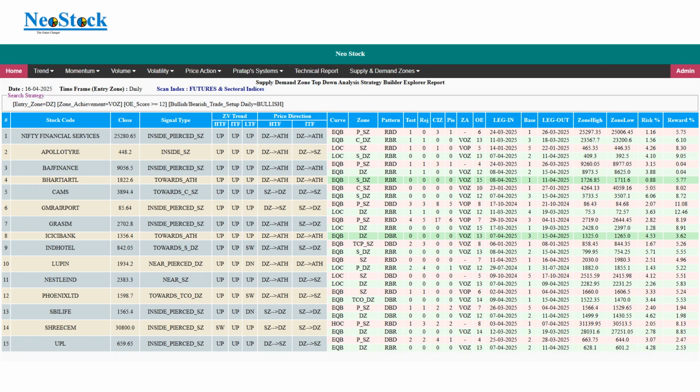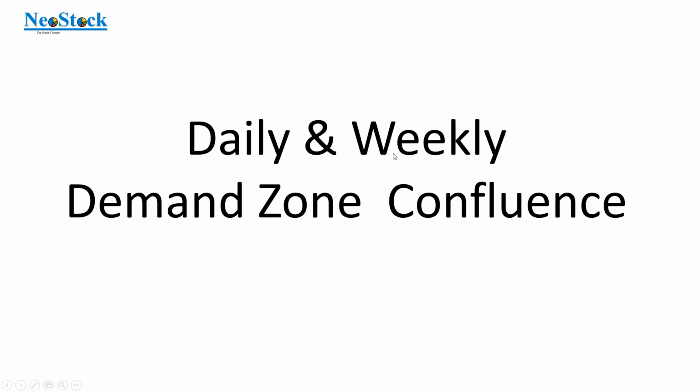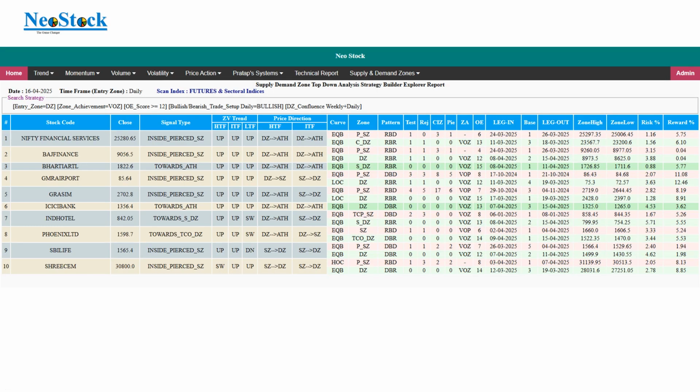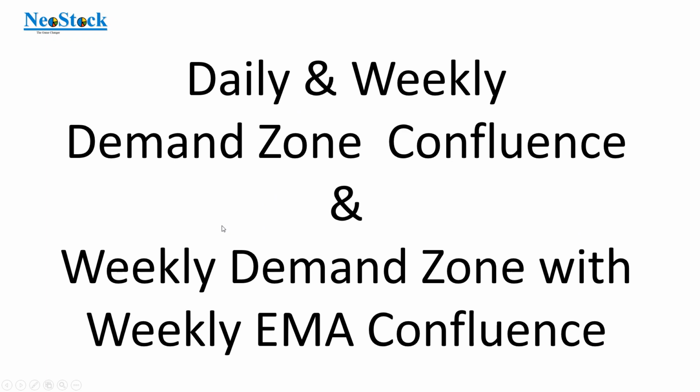We can further filter based on zone confluence to get high probability supported zones. First filter is daily and weekly demand zone confluence. With this filter, we got 10 stocks. Daily demand zones are overlapped with weekly demand zones. We can further filter based on EMA confluence.